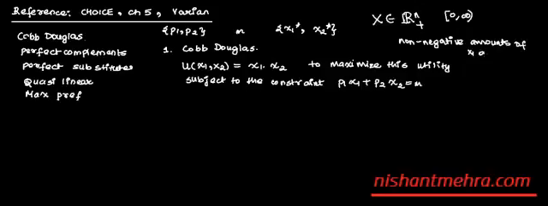Fine, and we'll assume that this constraint will always hold. Otherwise, there are also two other constraints: x1 should be greater than or equal to 0 and x2 should be greater than or equal to 0, but we'll assume that they are binding constraints and you don't have to worry about that.